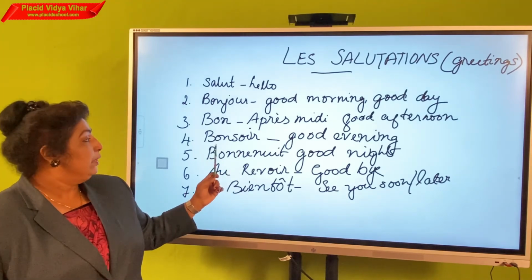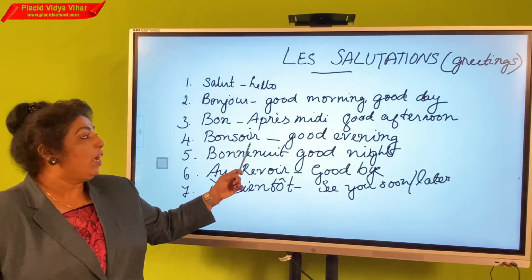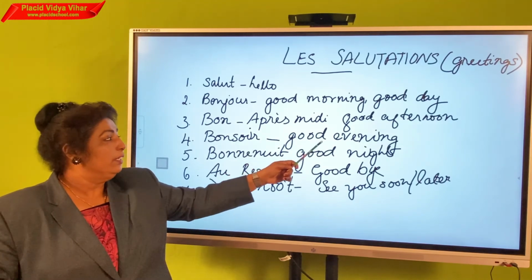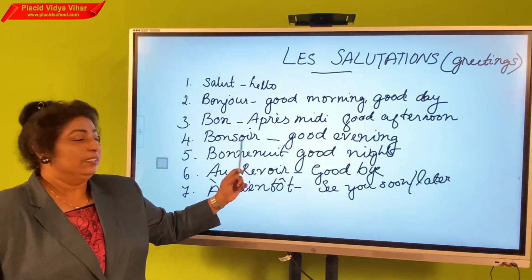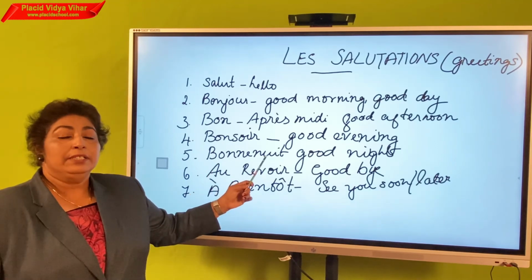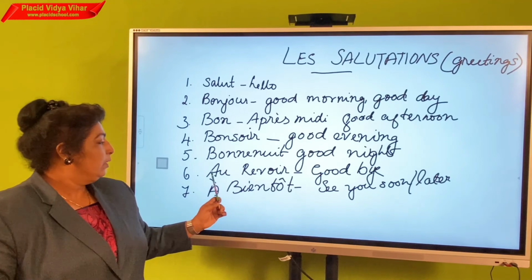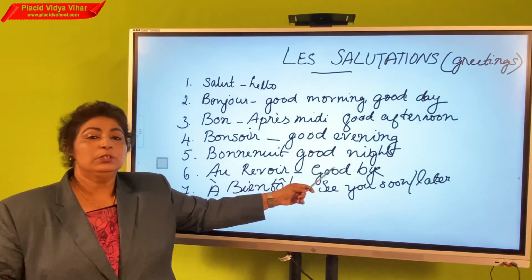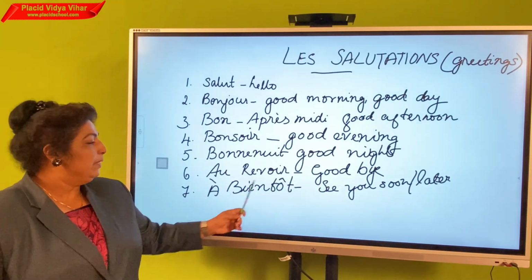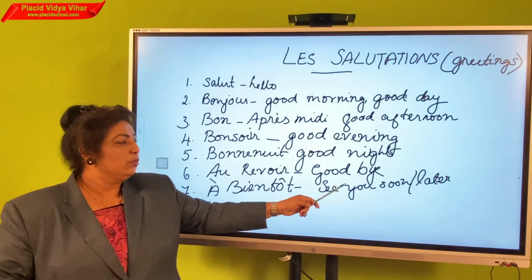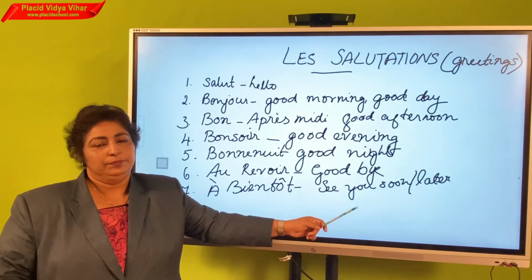Bonsoir, B-O-N-S-O-I-R. Good evening. The ending is silent. Bonne nuit, good night. Au revoir, goodbye. À bientôt, see you soon or see you later.